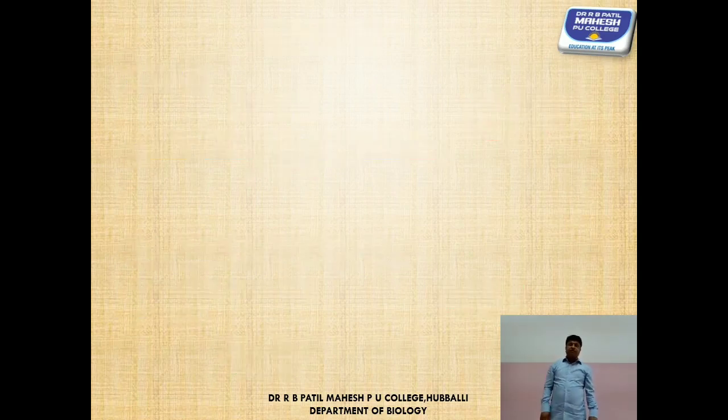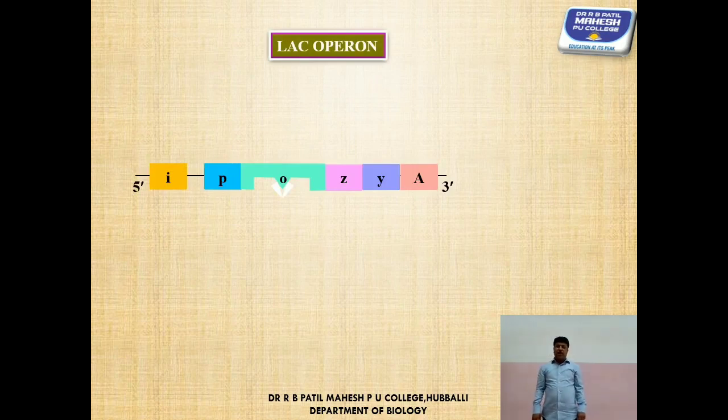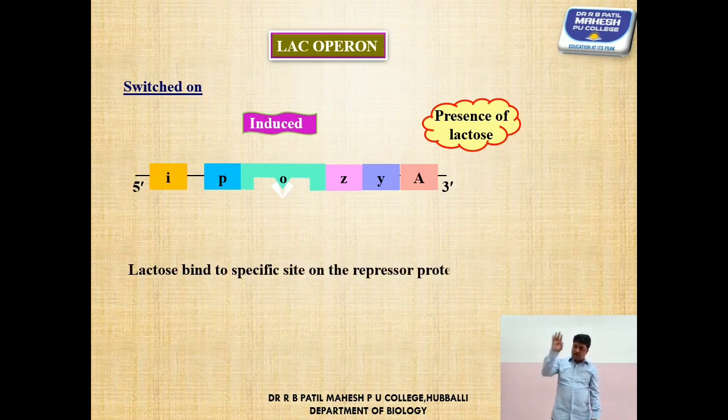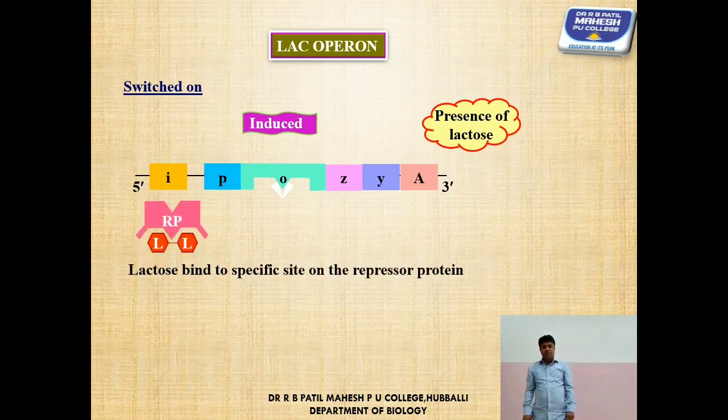So in the presence of lactose, what happens? In the presence of lactose, the inhibitor gene will produce repressor protein, and that repressor protein goes and binds to the inducer, that is lactose.